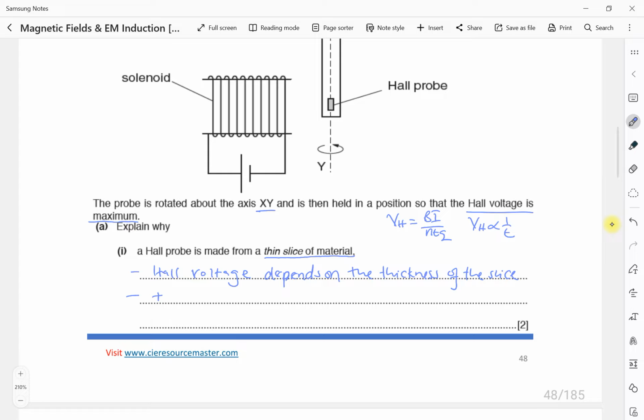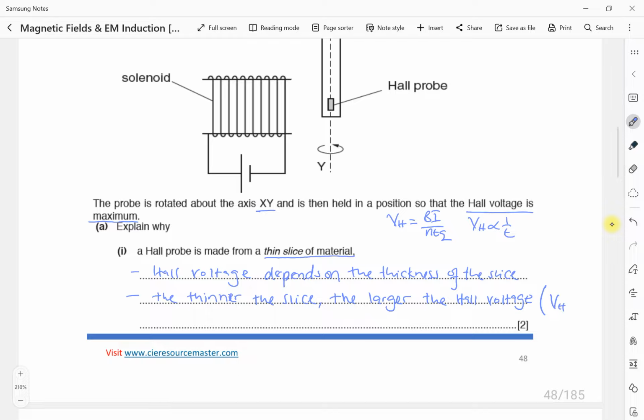The thinner the slice, the larger the Hall voltage.